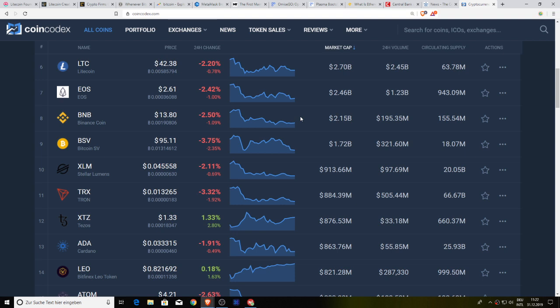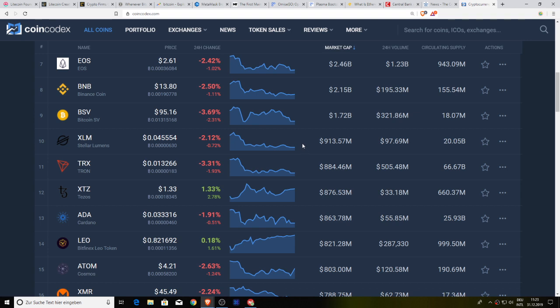I expect Binance will continue to do well. I'm not expecting Binance Coin to nosedive back to $4 anytime soon, especially with the way they've structured it. I'm looking to see if we hear something from Lumens as far as the usage of the blockchain from IBM, if that's going to actually take place.